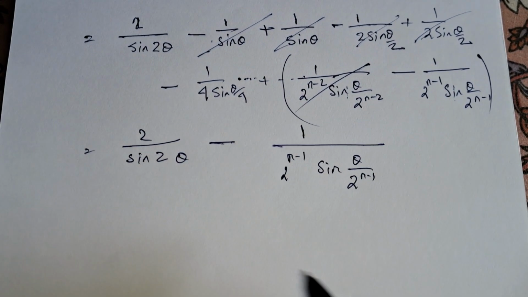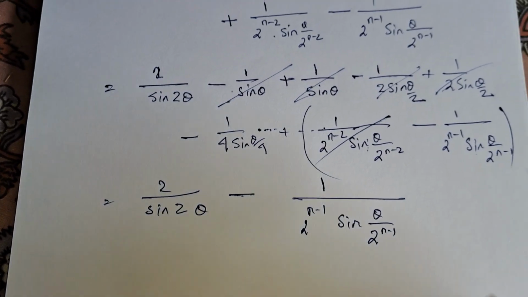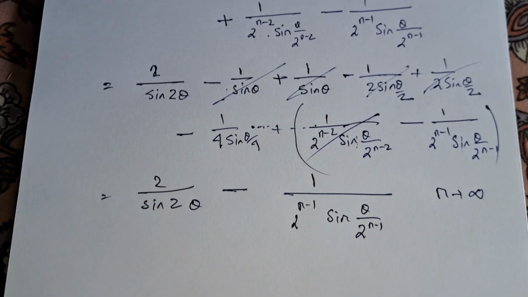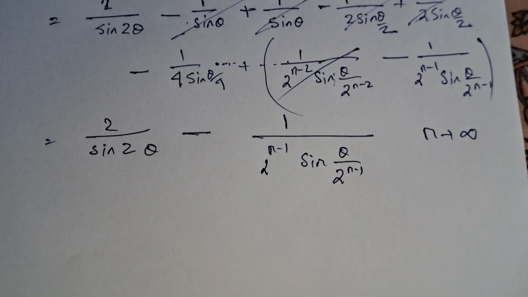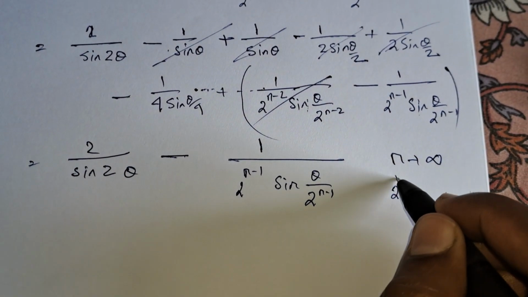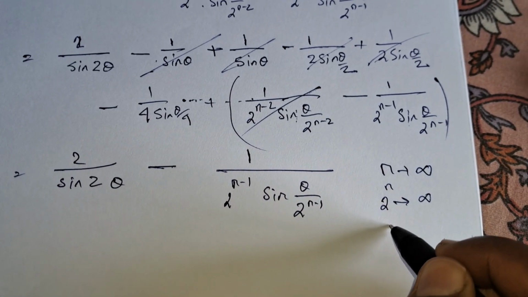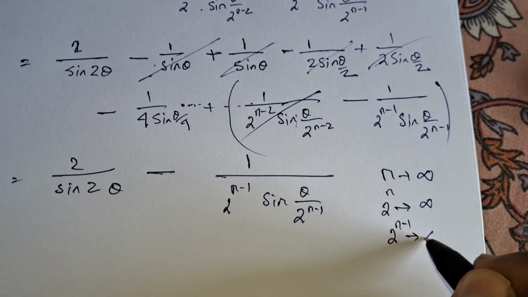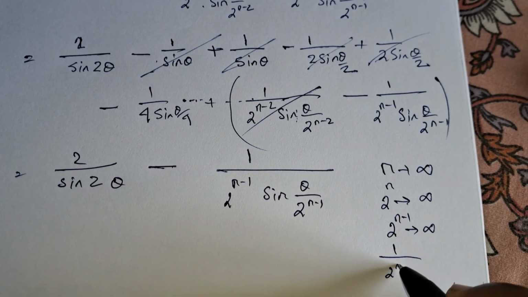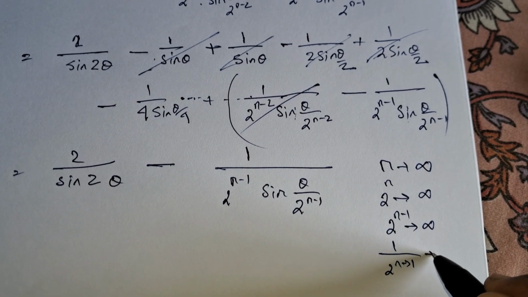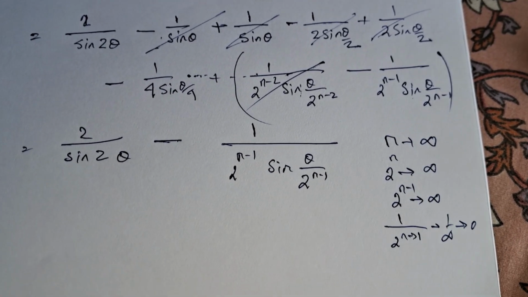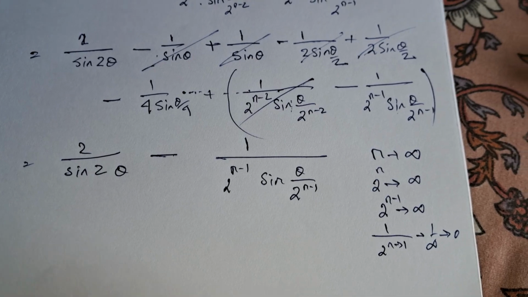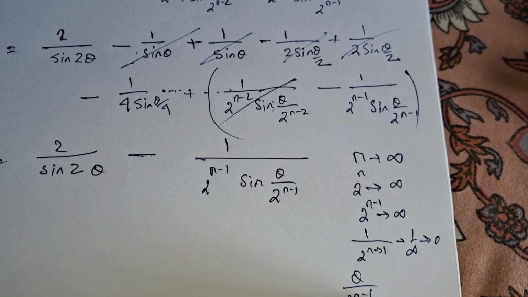Now what to do for this? Remember, you had given n tends to infinity. That means 2 to the power n tends to infinity. 2 to the power n minus 1 tends to infinity. 1 by 2 to the power n minus 1 tends to 1 by infinity, tends to 0. That means theta by 2 to the n minus 1 tends to 0.